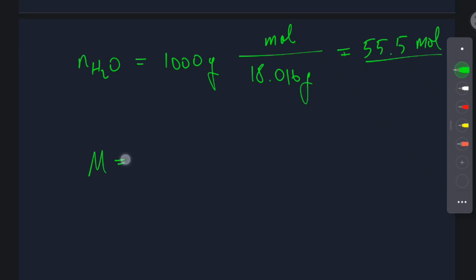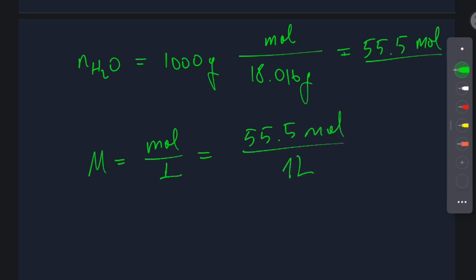So molarity is mole per liter, and we assume that our sample is just 1 liter. We have 55.5 mole and it is 1 liter. So the molarity of water is 55.5 mole per liter.